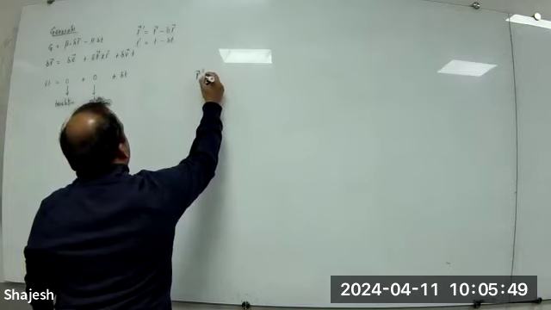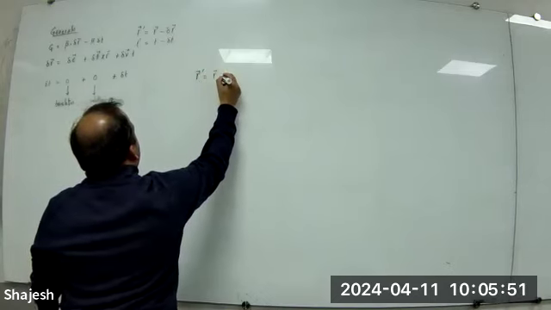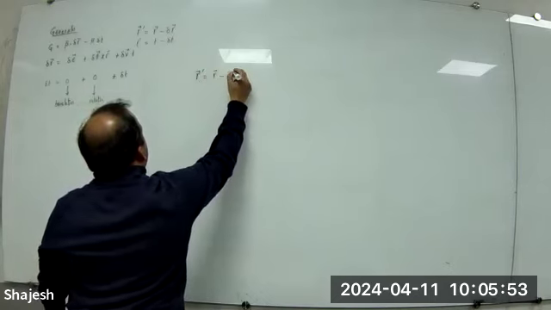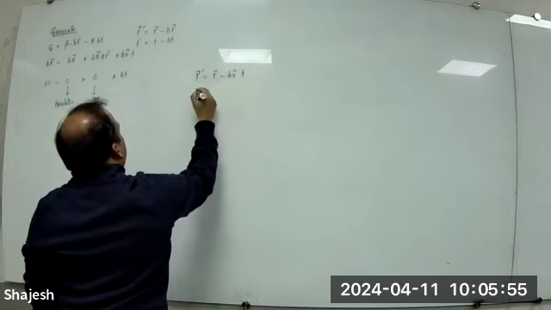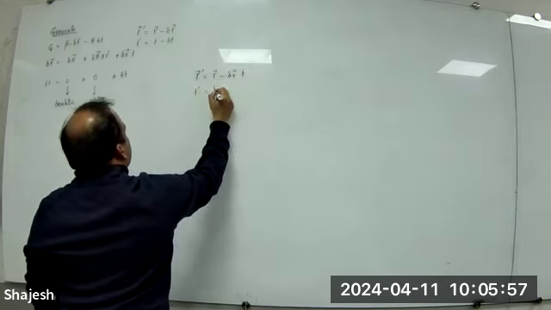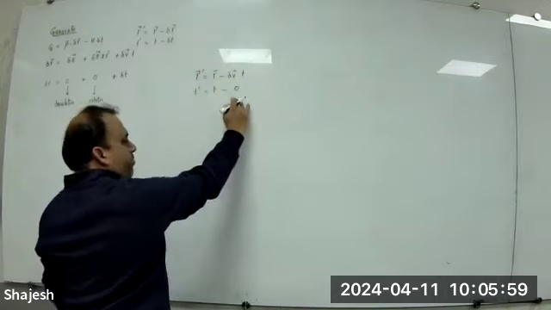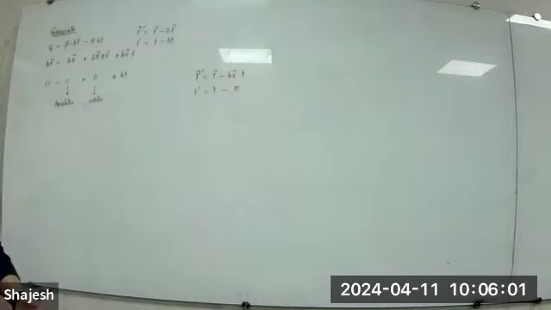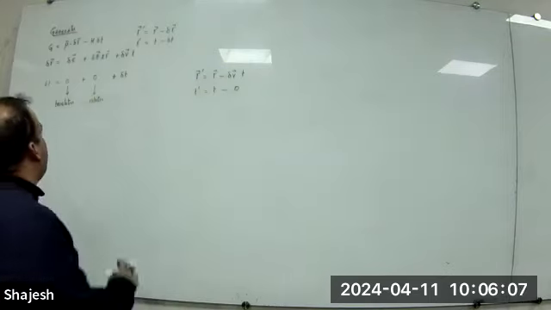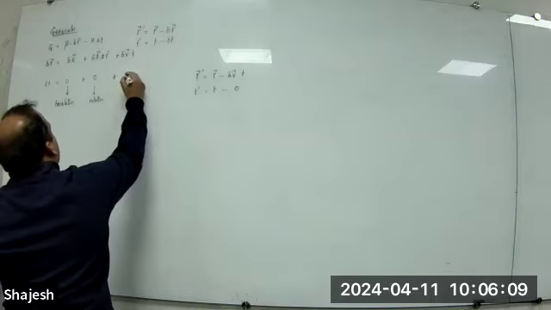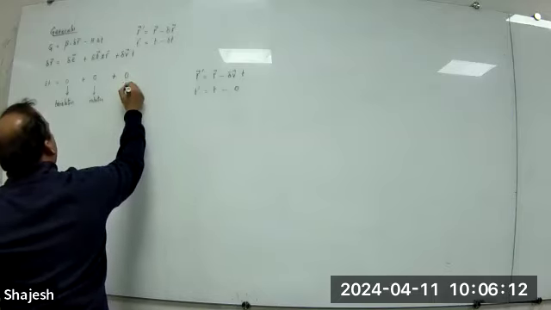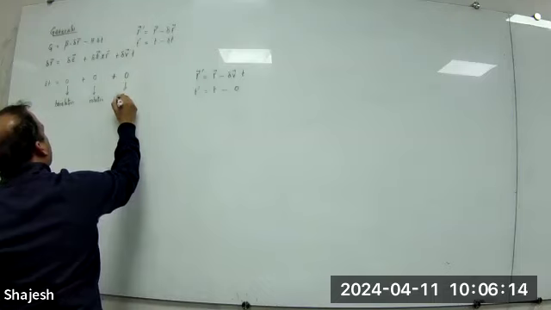So r prime is equal to r minus delta v times t, and t prime is equal to t minus 0, right? Time doesn't change. There is no change in time in Galilean relativity, right? You don't change the time at all. So this is 0 actually here. So that's rotation, and this is boost if you want.